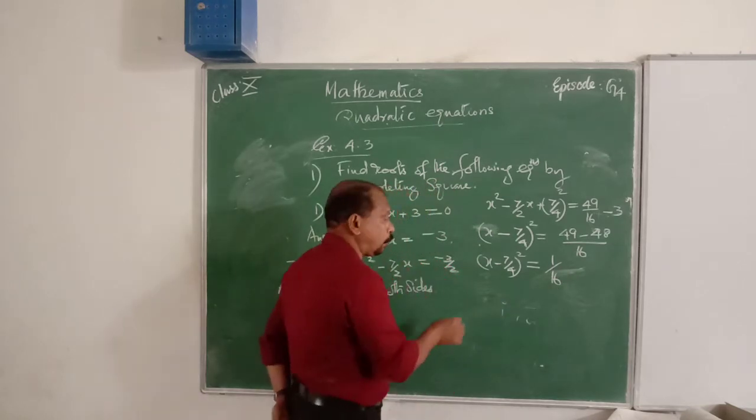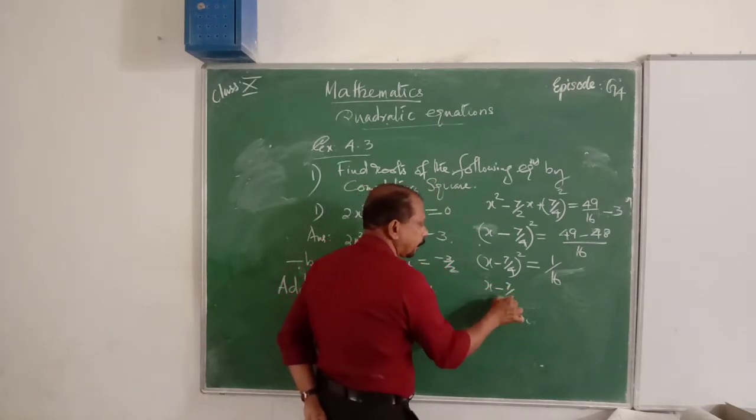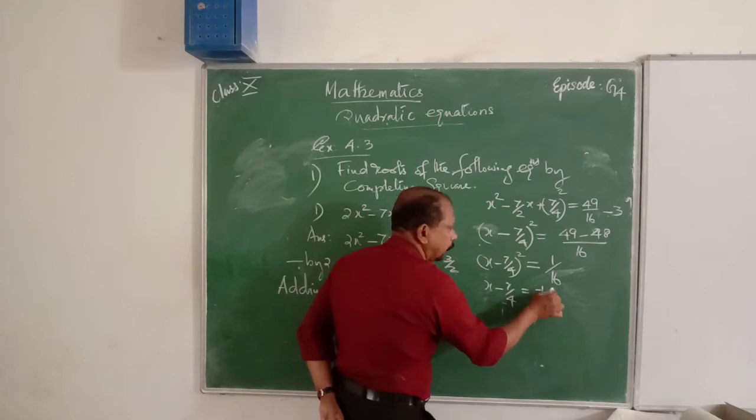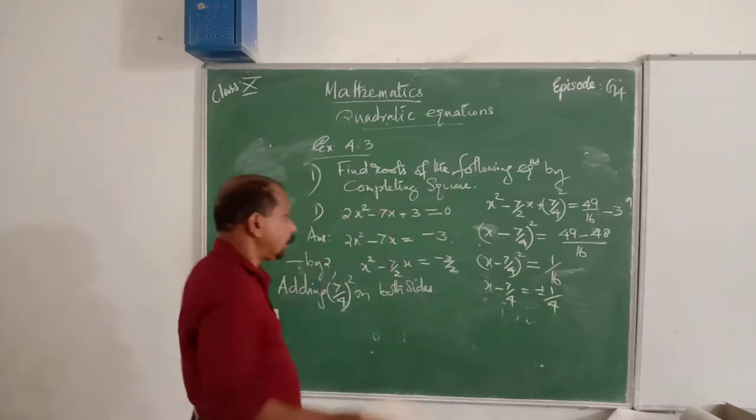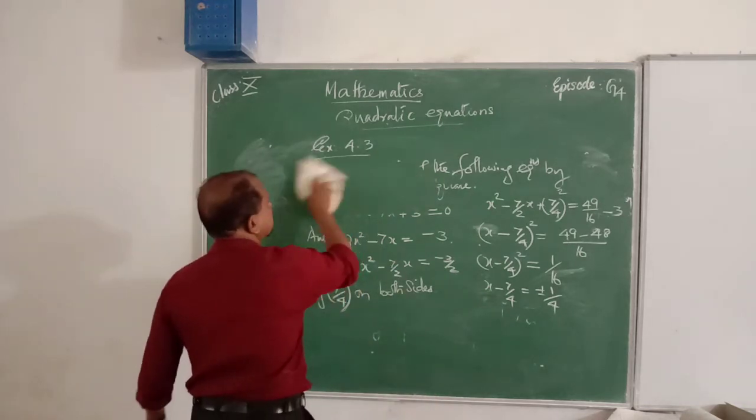Then take the square root. Plus or minus, root 1 is 1 and root 16 is 4. Then shifting 7 by 4 to the right.